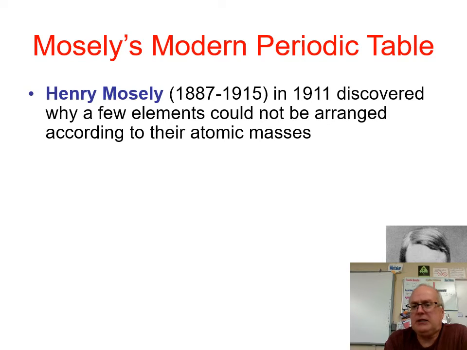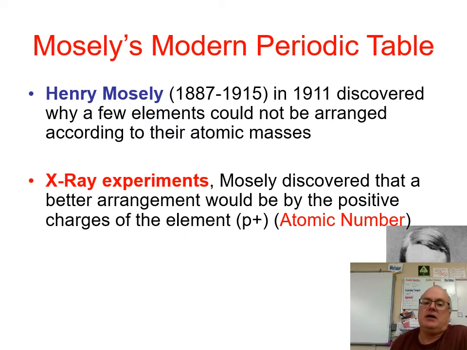And in 1911, he discovered that you shouldn't arrange the elements by their weight, which we call atomic mass, but it would be better to arrange them by their atomic number, which is actually the number of protons found in the atom. And he used a technique called X-ray spectrometry to actually do this. And Mendeleev didn't have this ability in his day.